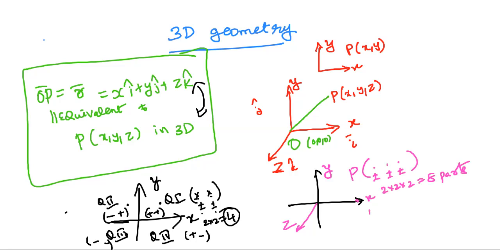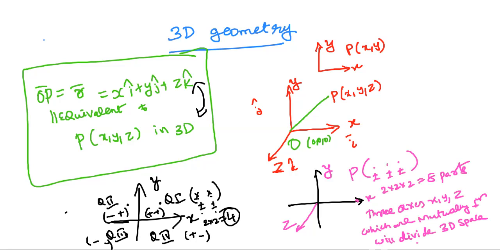So three axes x, y, z, which are mutually perpendicular, will divide, now it is no more a plane, it's a space, 3D space, into how many parts? 8 parts. So they are known as octants. 8 parts known as what? Octants.